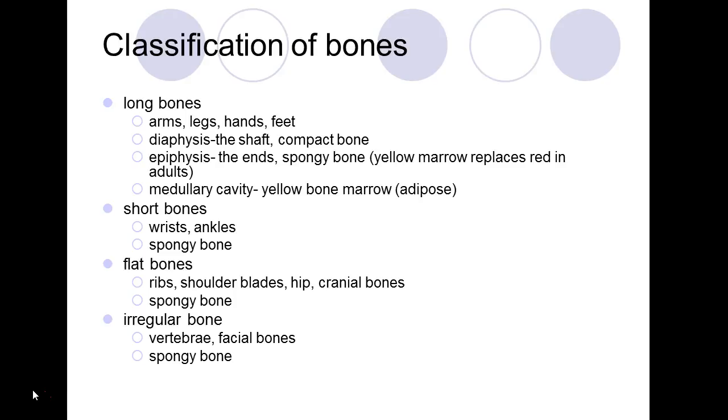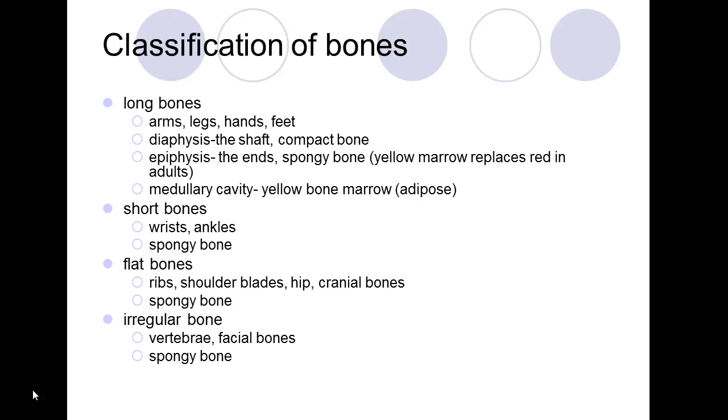And we had said about the spongy bone having the medullary cavity having red marrow for blood cell production. Well, in the adults, these epiphyses are changed to yellow marrow. And in the marrow cavity of the shaft, that is all yellow marrow, which is an adipose tissue.